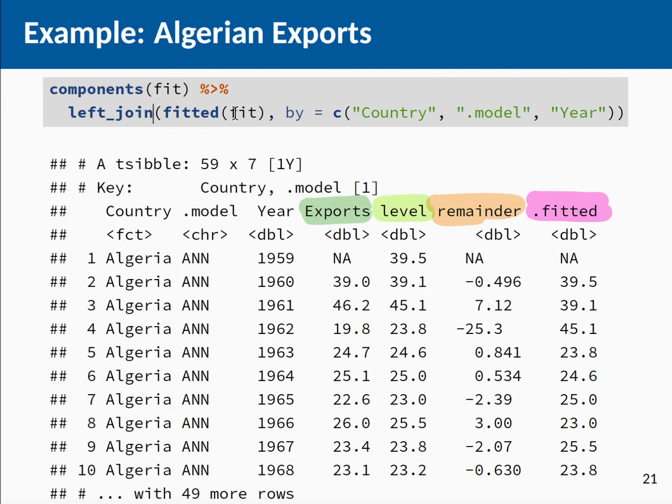You may or may not want to do this, but this is just something you can do if you wanted to get deeper into what everything looks like for the Algerian economy after we fit the model. So you're going to say left_join, call the fitted columns from the fit variable that we had defined, and we're going to do this by country, model, and year. So country, model, and year are going to be augmented on the left side.